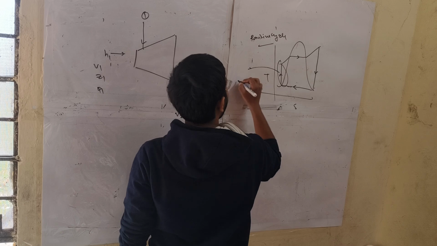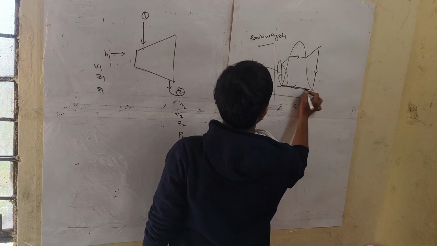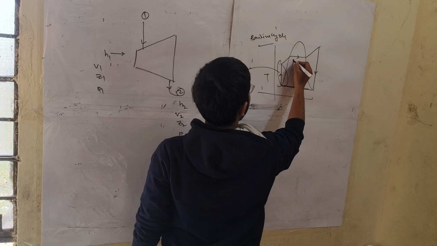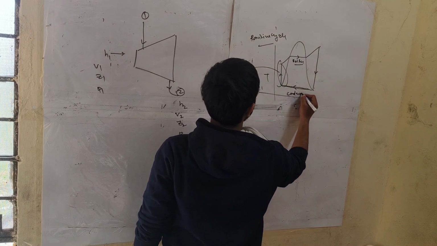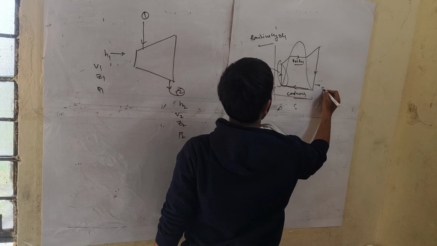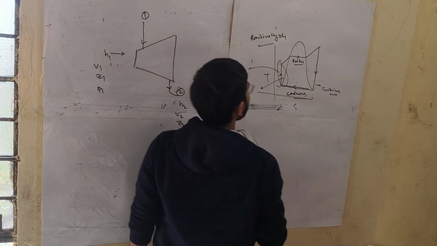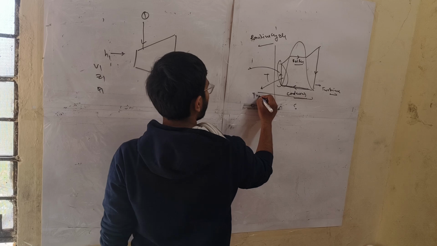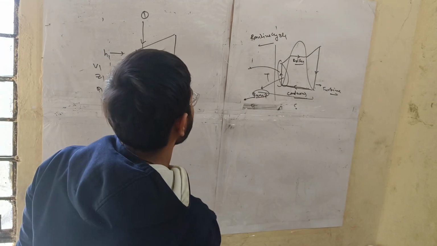We have to find this work, because here this is a boiler process. This is a condenser. This is a turbine, and this is a pump. We have to find the specific work of this pump.